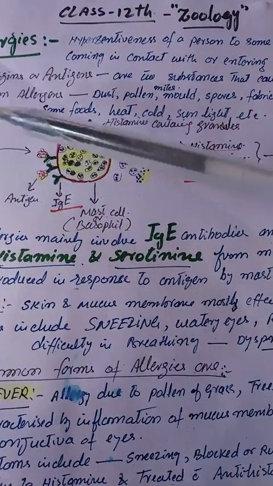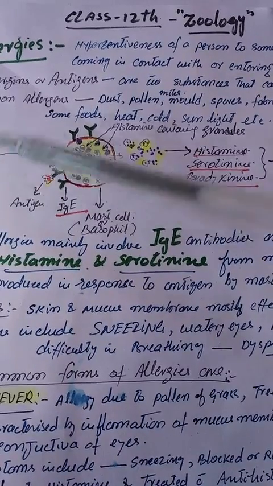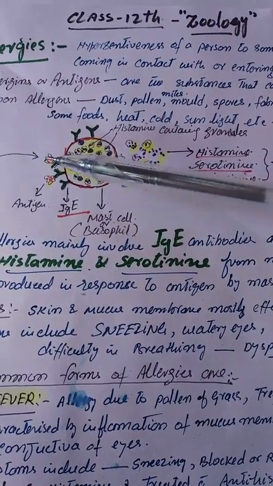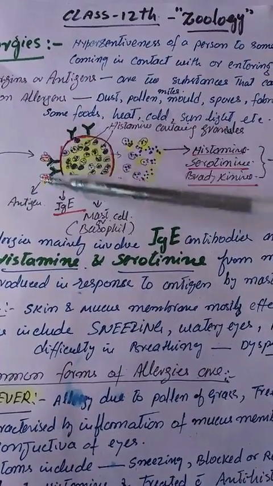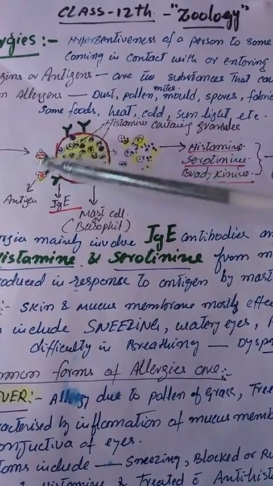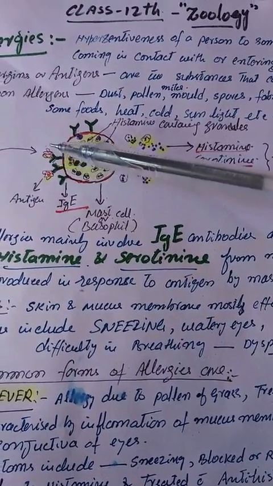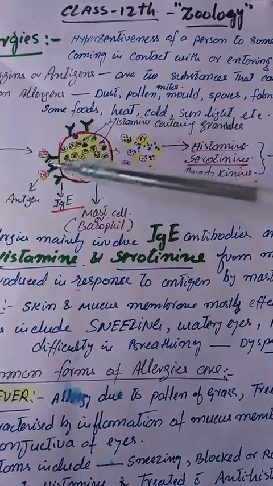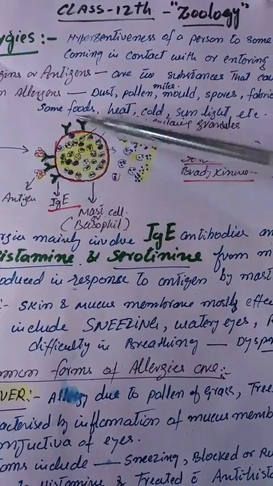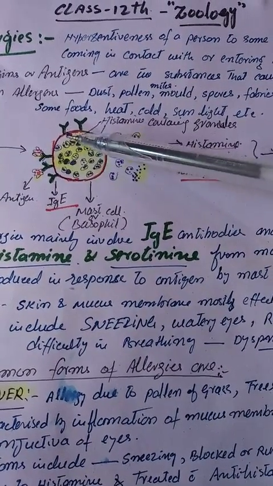And whenever this allergen enters the body, it gets attached to the surface of these mast cells or basophils, and an antigen-antibody reaction starts at the surface of these mast cells or basophils.